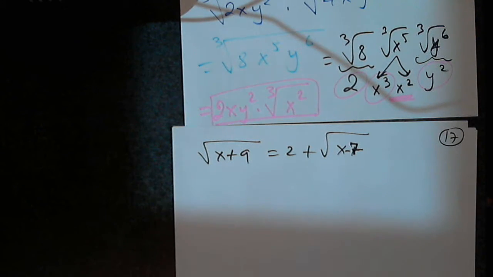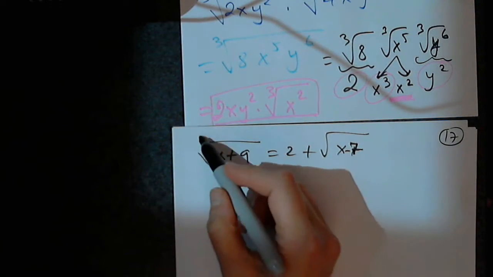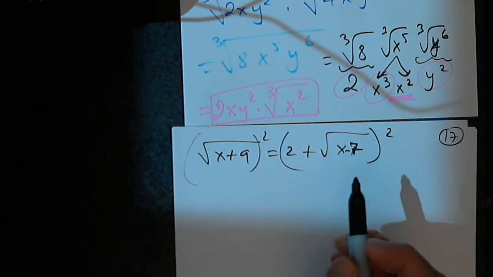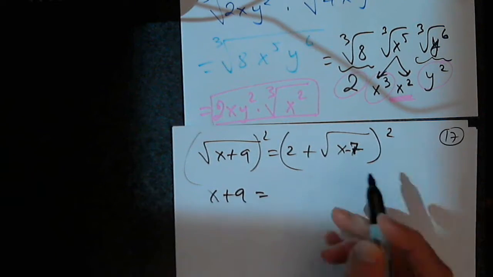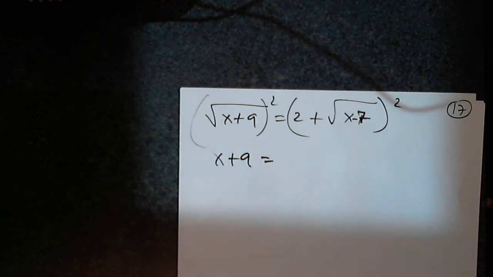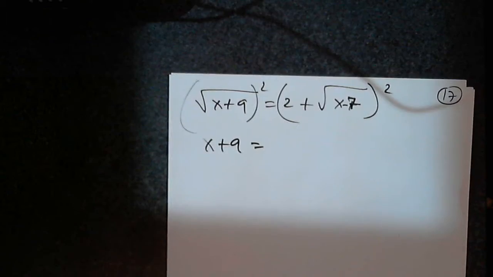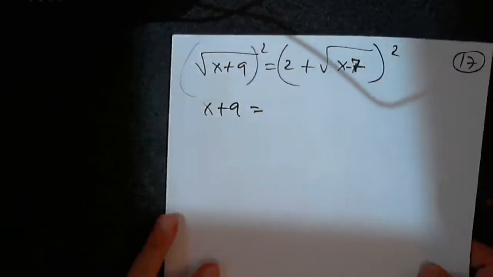Good. So it has two radicals. The radicals are separated. That's the easiest thing to do. It's easier to square. And then the left-hand side is x plus 9, and I would like you to give me the right-hand side. I agree with 4.